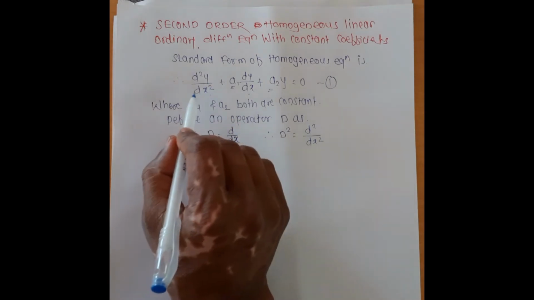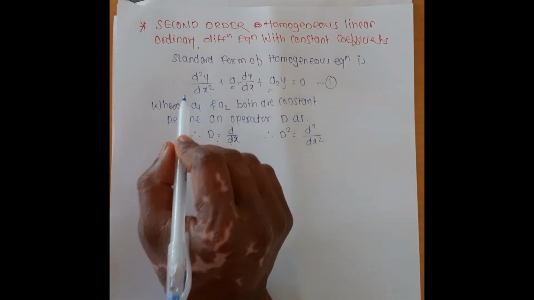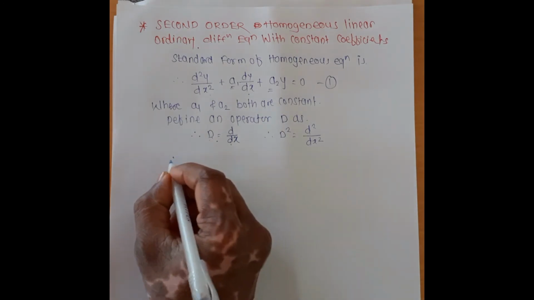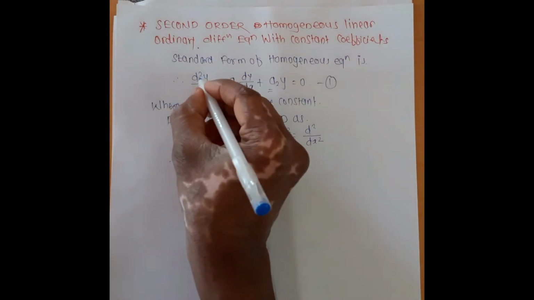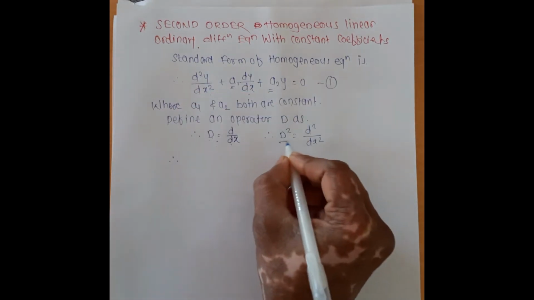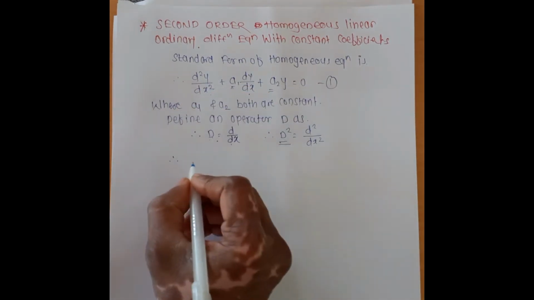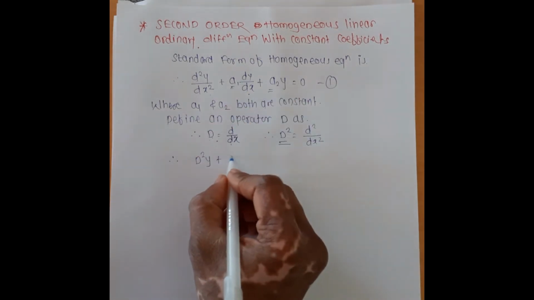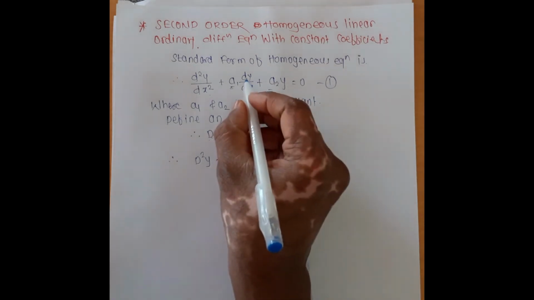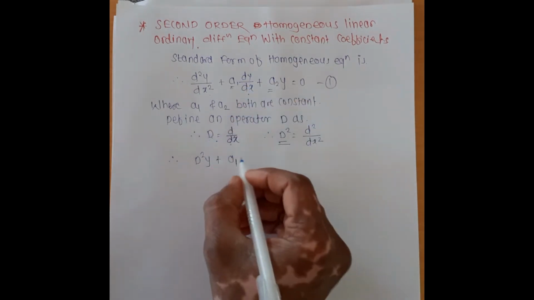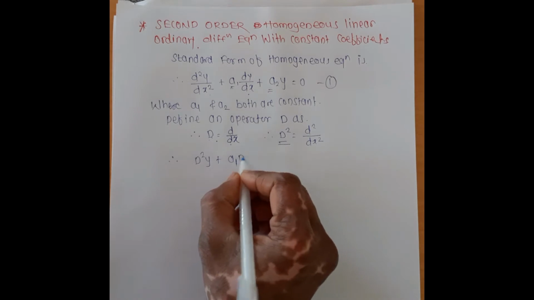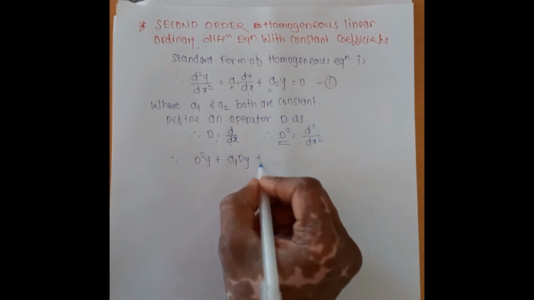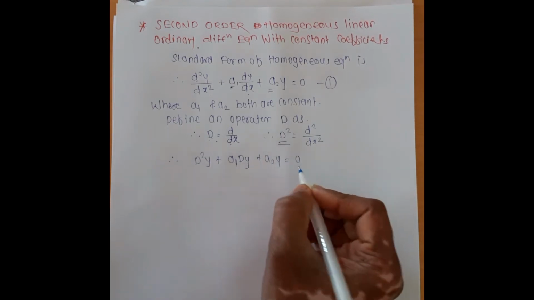Then equation 1 is written in the form: instead of d square by dx square I write D square of y, plus a1 as it is, and instead of d by dx we put D, so a1 D of y, plus a2 of y is equal to 0.